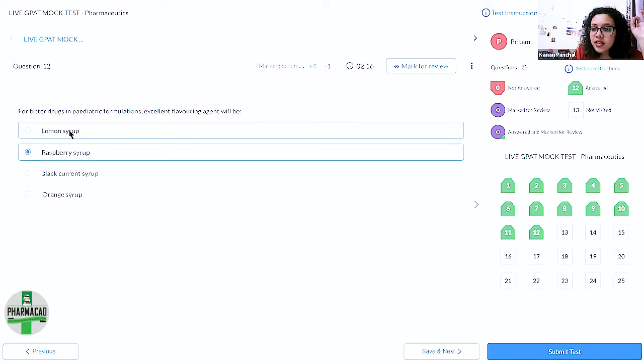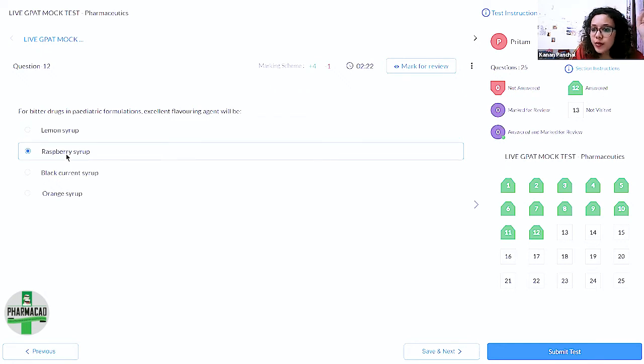And the colors associated would be a yellow or a bright lime color for lemon, red or pink for raspberry. Blackcurrant would again be a dark color. Orange would have an orange color. Okay? Colorings associated to the flavorings.